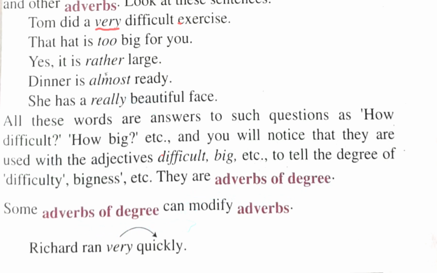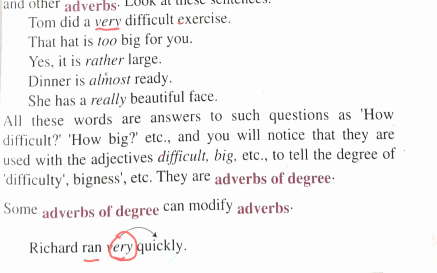Some adverbs of degree can modify adverbs. Here we know they are modifying adjectives, and in this place we will find they are modifying adverbs. Richard ran very quickly. Here see, ran is a verb. If we don't think about this word first, then we find Richard ran quickly.